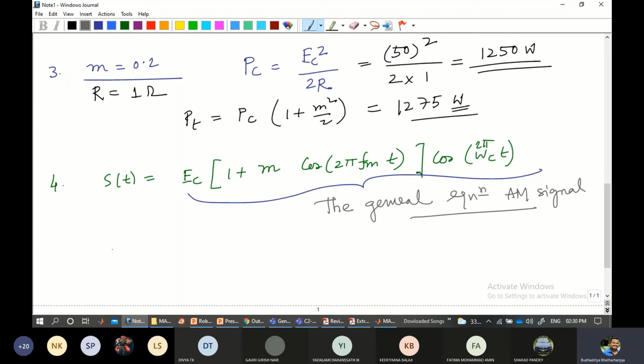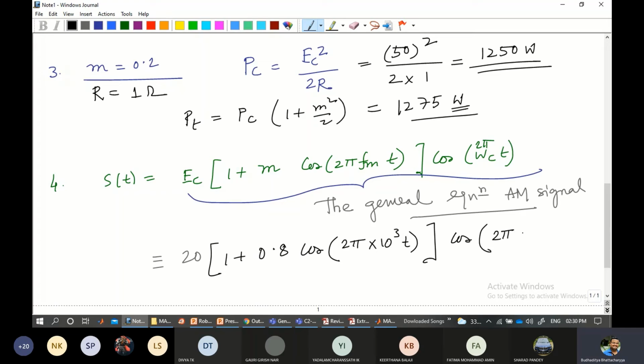So this equation resembles the one provided to us: 20 plus 0.8 cos of 2 pi into 10 to the power 3 t, cos of 4 pi into 10 to the power 5 t.